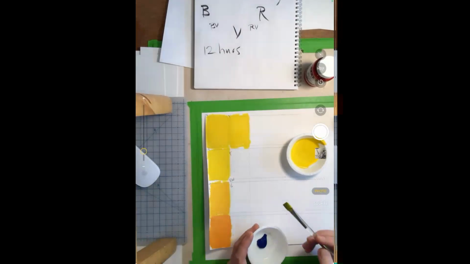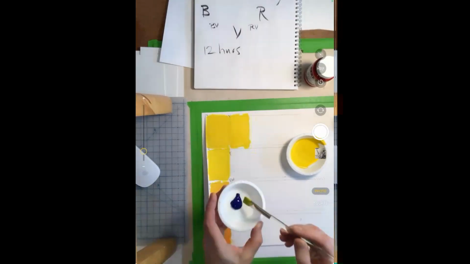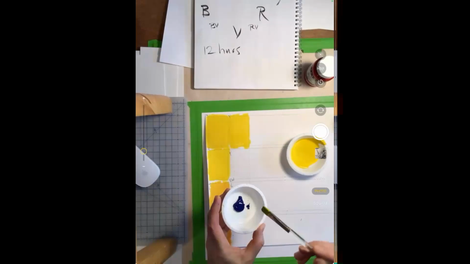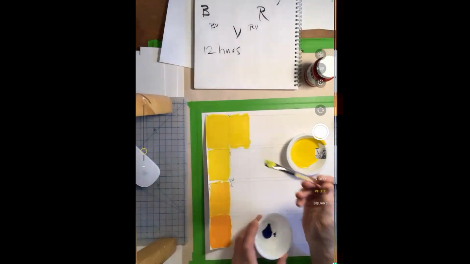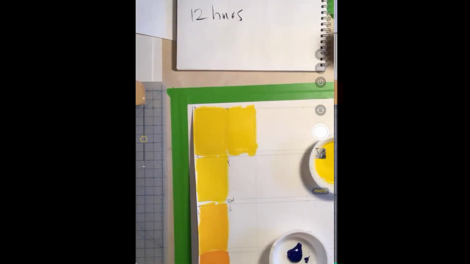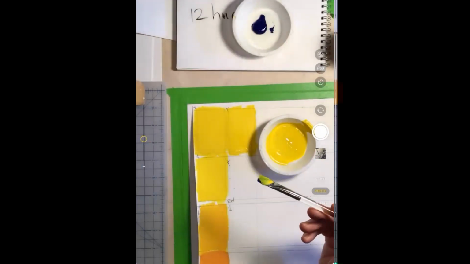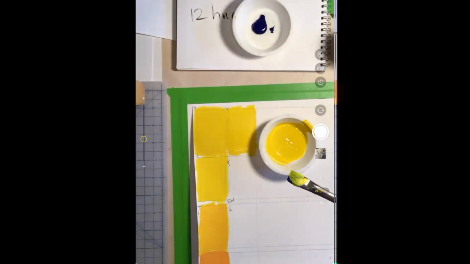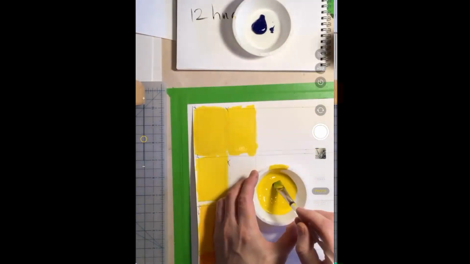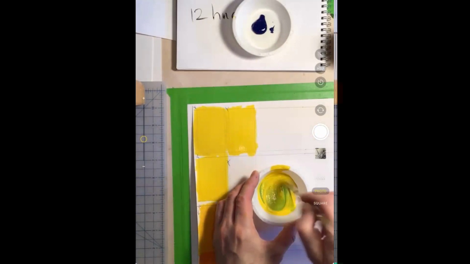I'm going to paint just a little bit. That's too much. All right, you see that much yellow, this little amount of blue on the brush, on the corner, and then we have color magic. Woo!